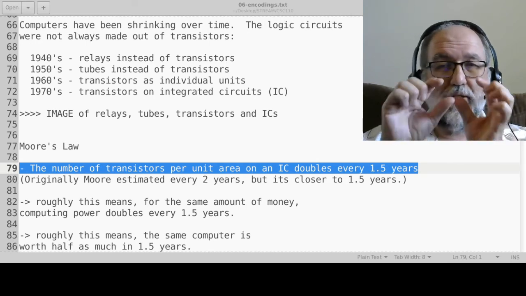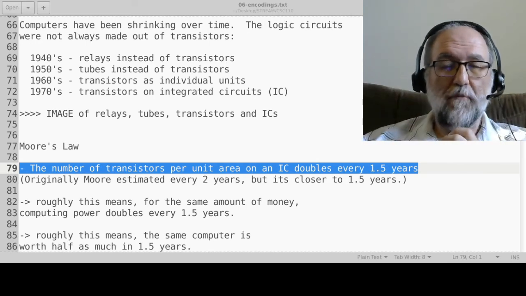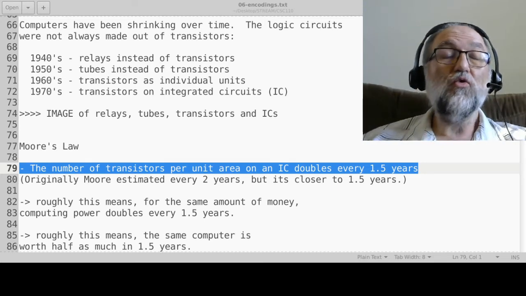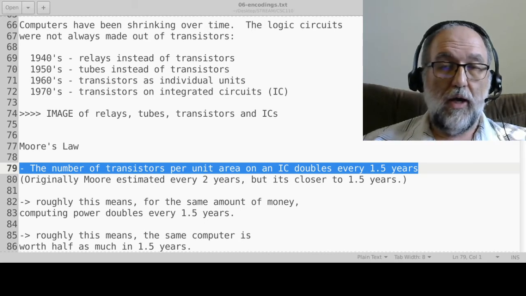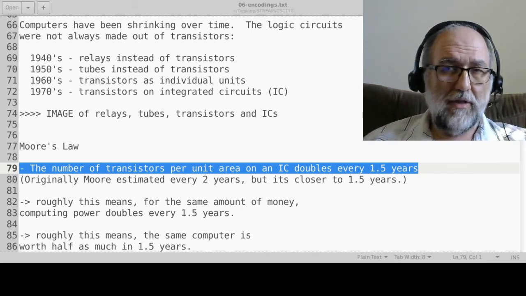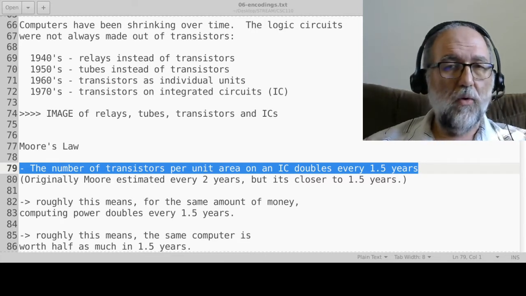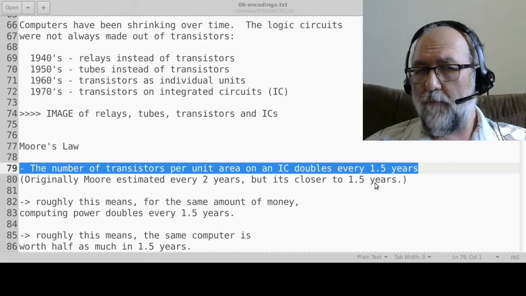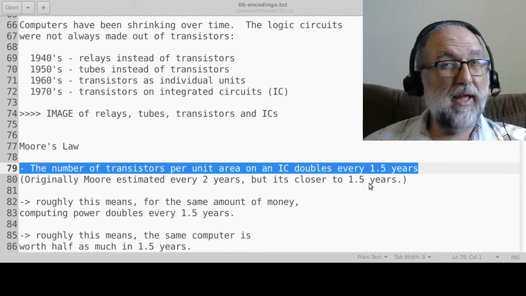In a year and a half, you would be able to get twice that, 2,000. A year and a half after that, it'd be 4,000, then 8,000, then 16,000, and so on.